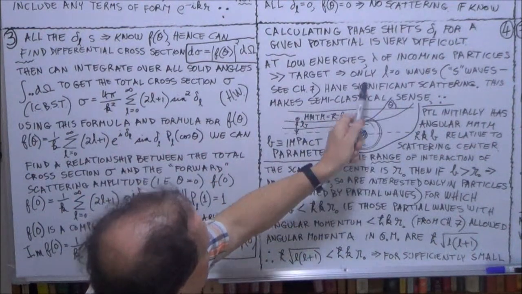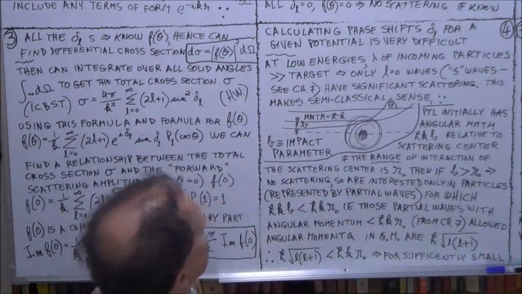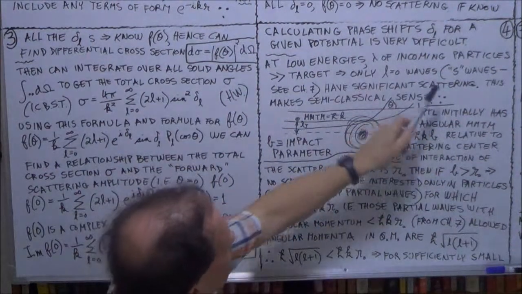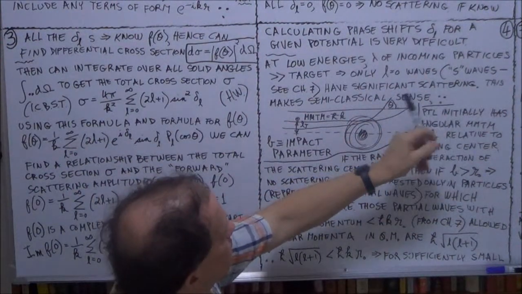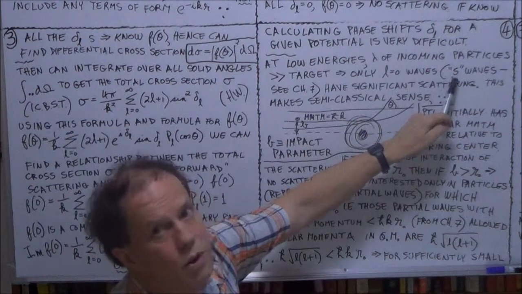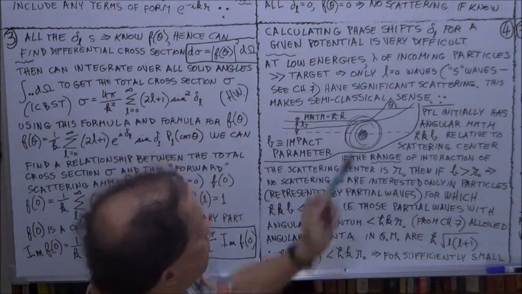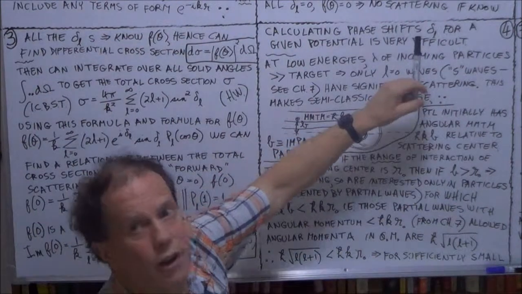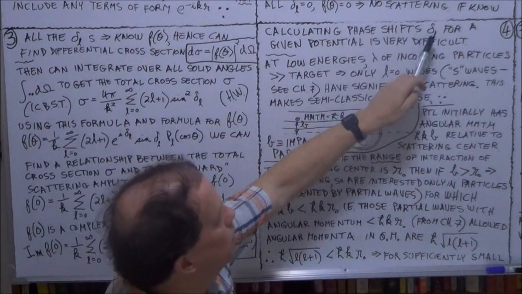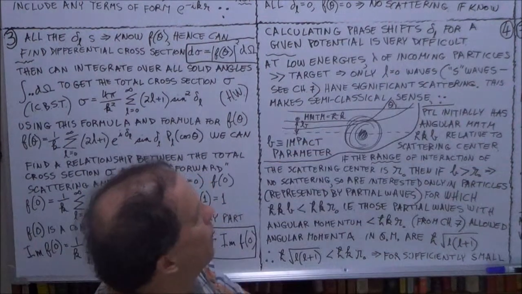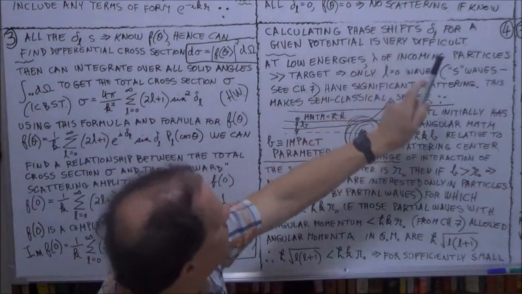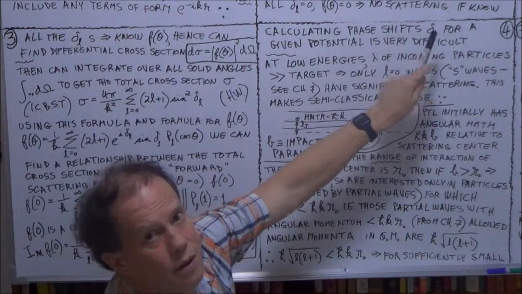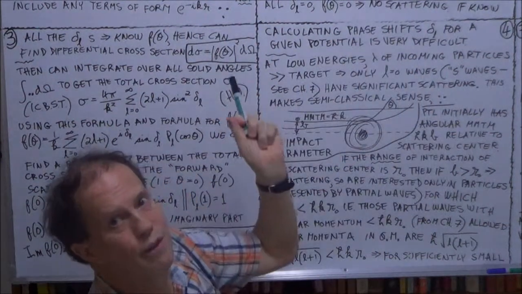So when L's 0, you get S waves, and you'll only get significant scattering with the S waves, and we can use that knowledge later on, which will help us find a formula for your deltas. And we need to know what these deltas are, the phase changes, to know what f is, right?